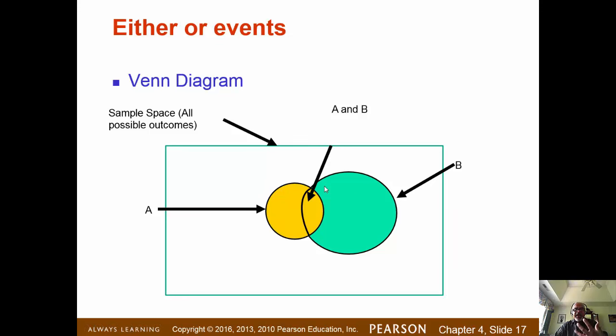If you take A, which is that, then you have to add the probability of B only, this part, to get A or B. But if you add B to A, then you're adding this section twice. That's the reason why we add A and B and then remove the joint probability that was double counted.